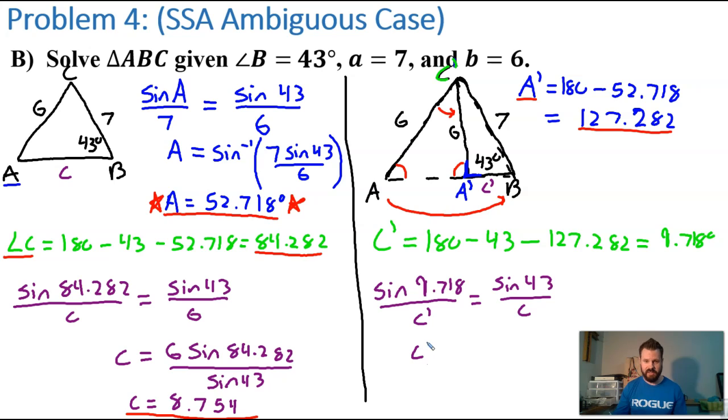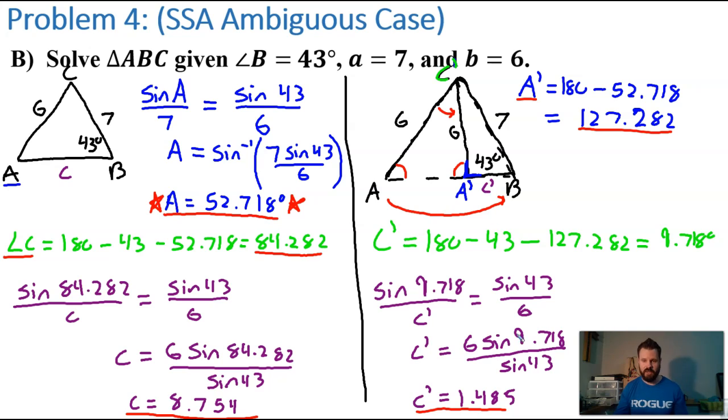When I cross multiply and divide, c prime is equal to 6 sine of 9.718 over sine 43. In other words, 1.485, which makes sense because that side shrunk. We'd expect it to be a lot smaller than the original c. So there are our A prime, C prime, and c prime for the second possibility.